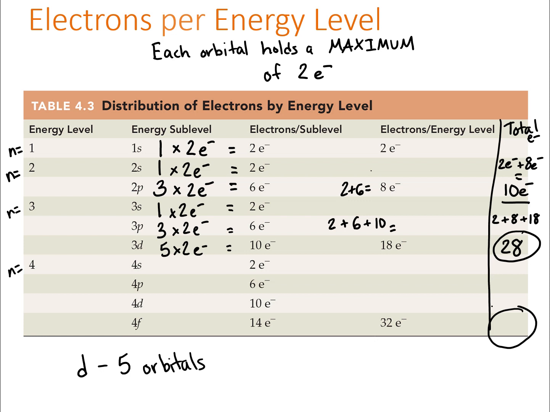We're taking the 2 from the 1s plus the 8 from the energy level 2. So that's 2s and 2p. And then we have 18 electrons from n equals 3, and that's the 3s, 3p, and 3d. And then we're adding on all of the electrons in n equals 4.